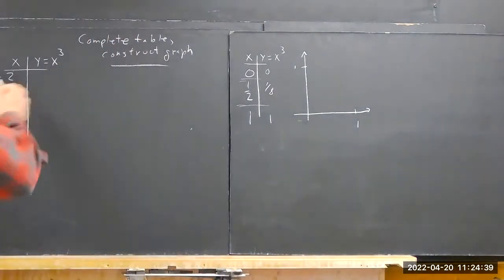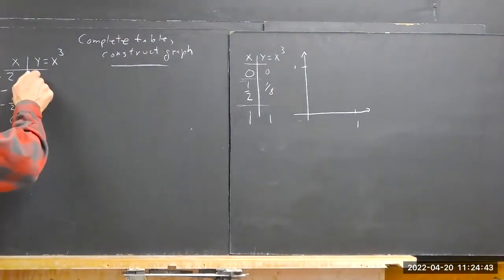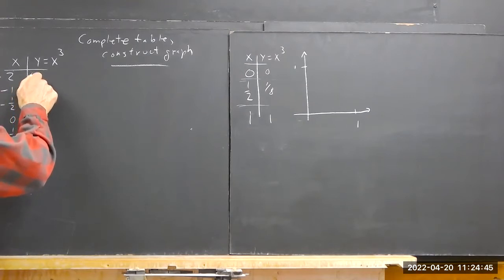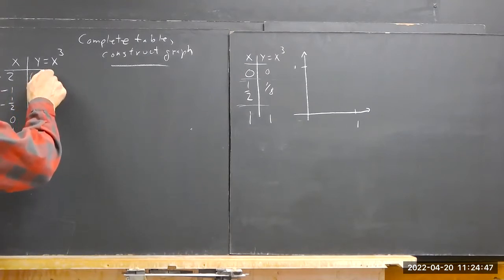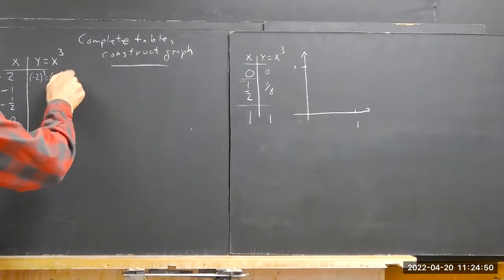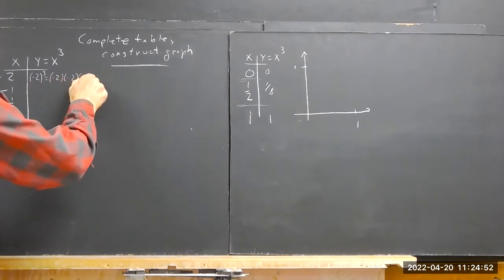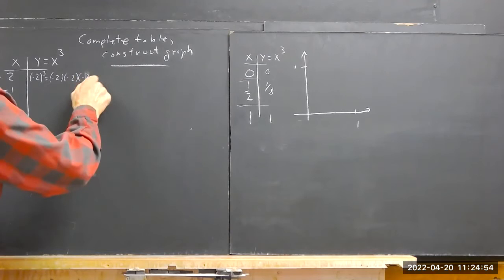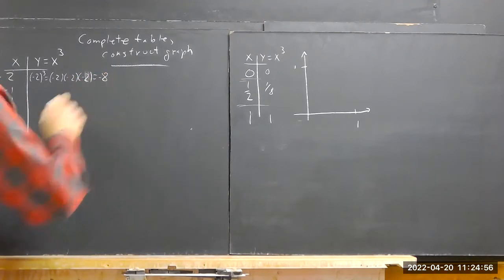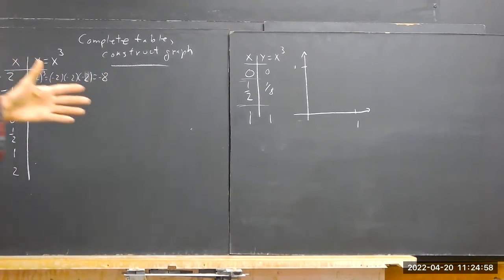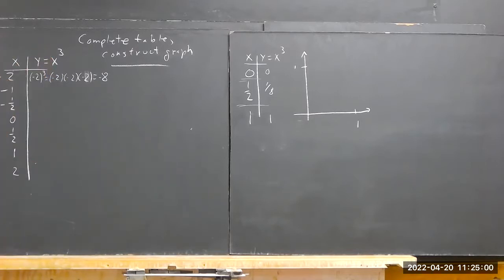Everybody did a great job over here. Now, the way I ask you to write this out is you got -2 cubed, which is -2 times -2 times -2, which is -8. I'm not going to write that out for every step because I did that in the original video on Monday for different functions.